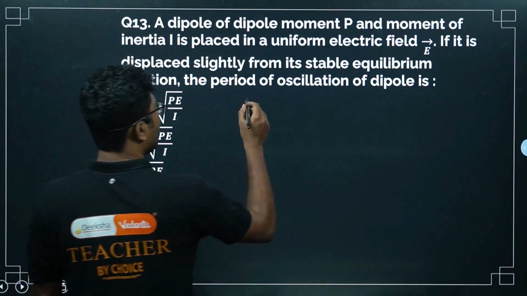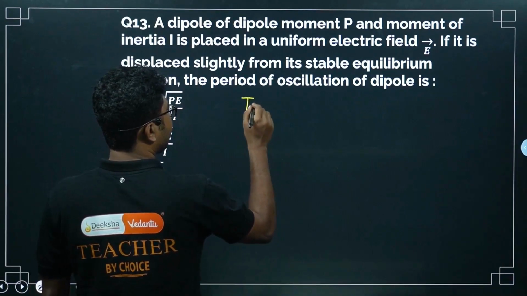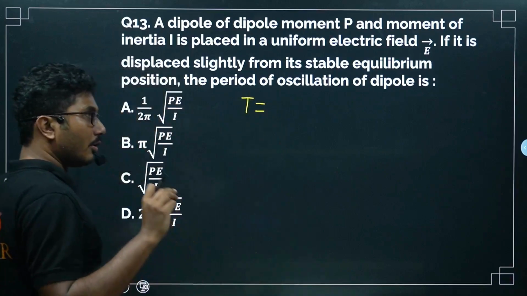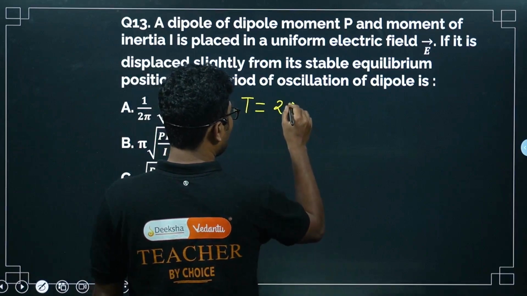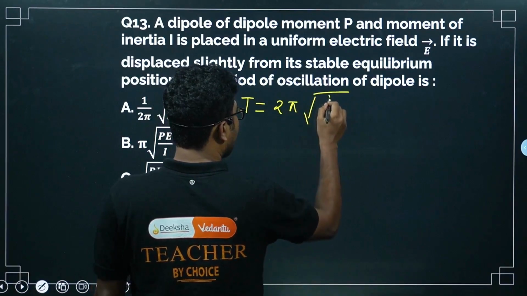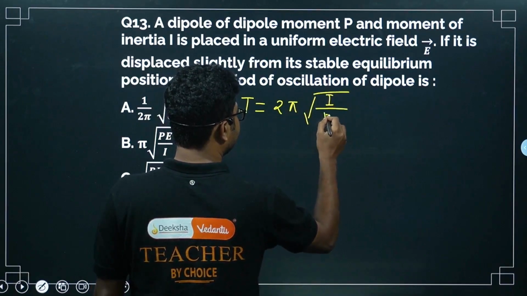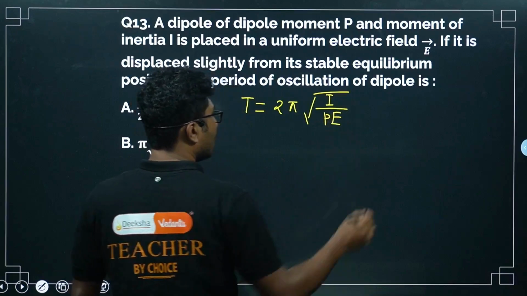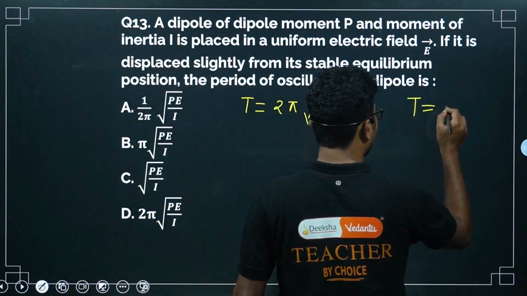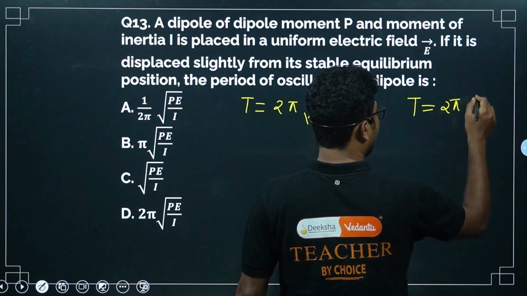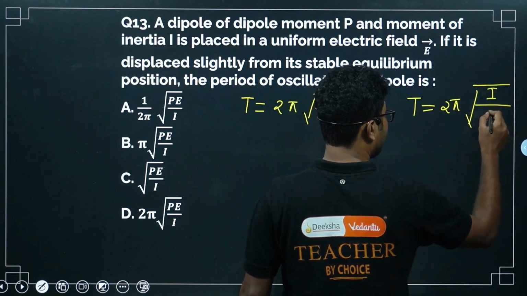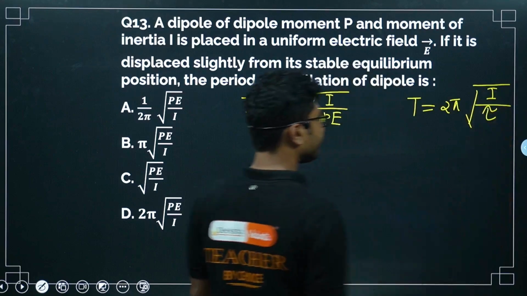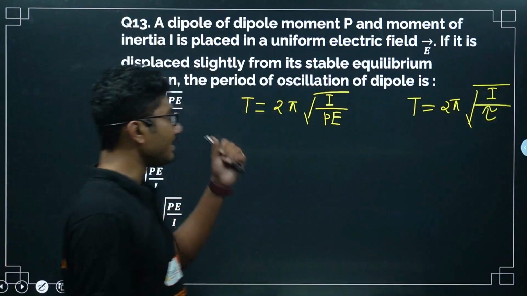Now we know that the time period of oscillation for a dipole when it is slightly rotated in an electric field is given by 2 pi root over I by torque. If you remember this formula from the first year, when you apply a torque and it is rotating, the time period is given by this formula.